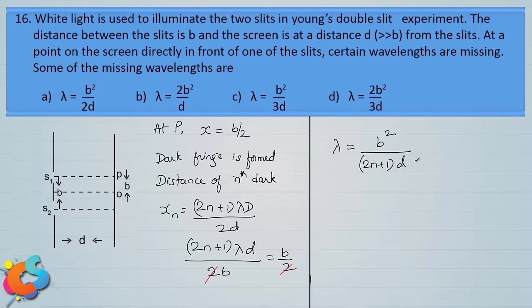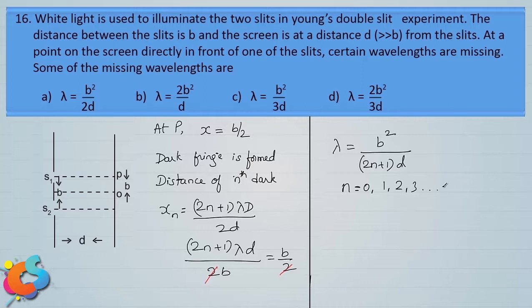Remember, here n is the order of the fringe, which always takes values starting from 0. So the possible values of n are 0, 1, 2, 3, and so on. Now keep on substituting different values for n, you'll get different possible values of wavelength. So we'll have to have a look at different options given for us by substituting different values for n.